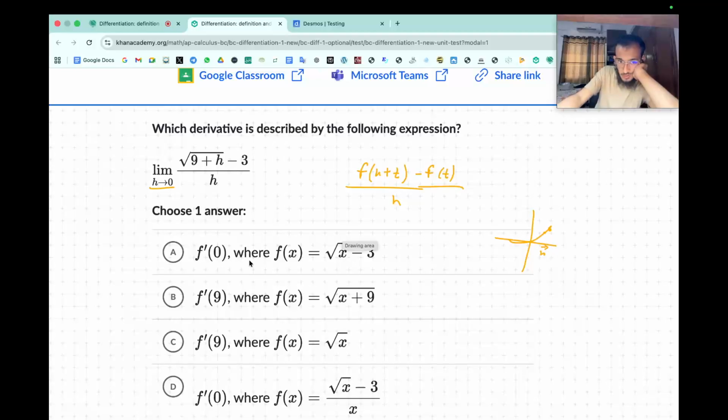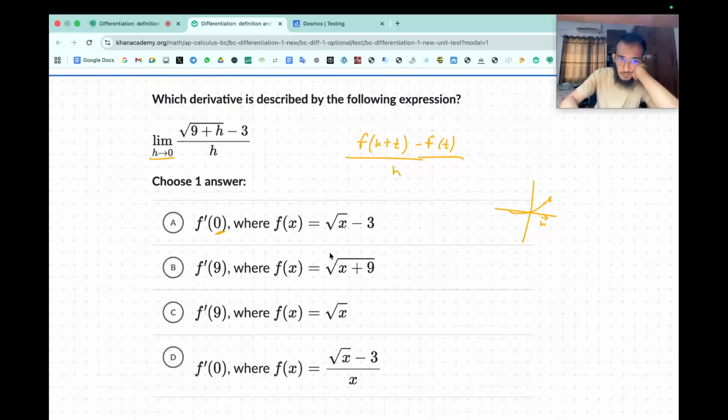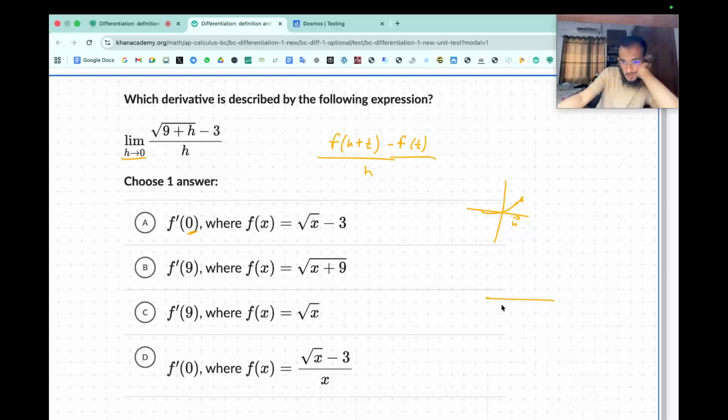So if it is 0, how does it work? Below we have h, obviously. We need to plug in root of h plus t. So root of h plus 0 minus 3, this is the positive one, minus root of 0 minus 3.